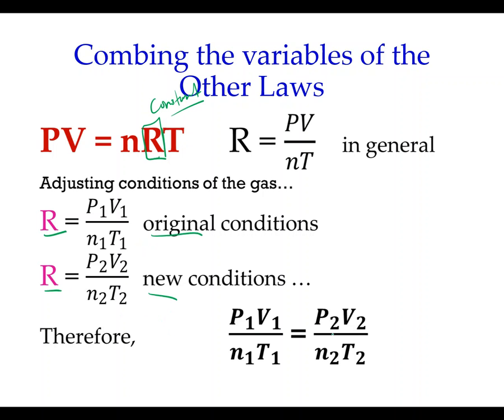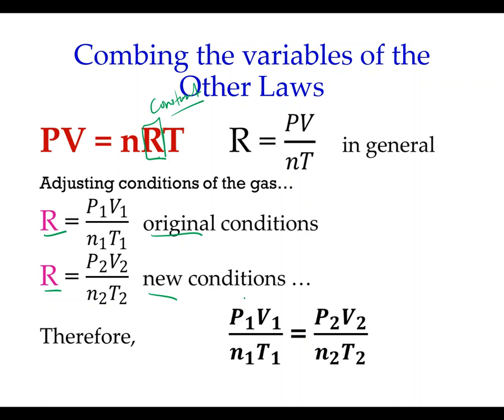So you can set the variables equal to each other. If we're taking a gas and changing the conditions of the gas, where we're changing the pressure, volume, temperature, or the number of moles, you can always calculate what it would be under the new conditions.